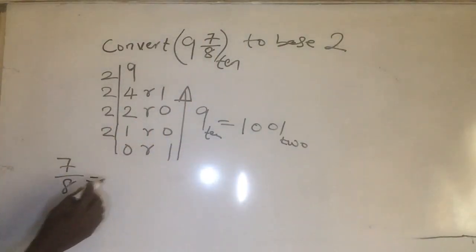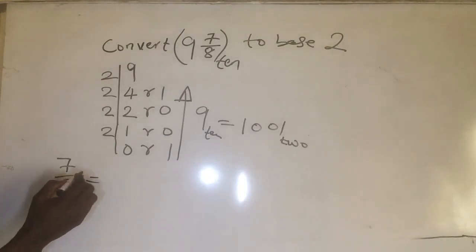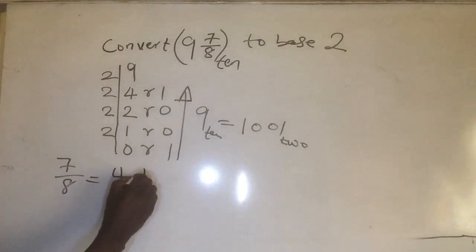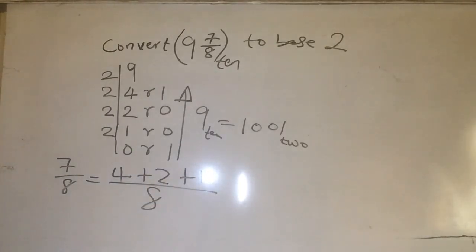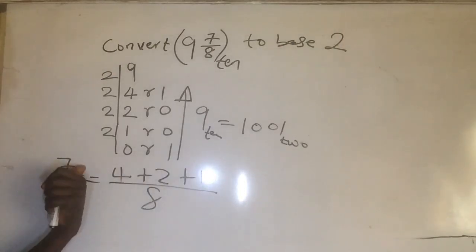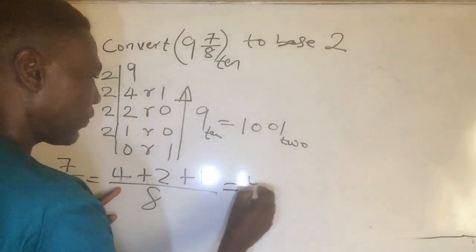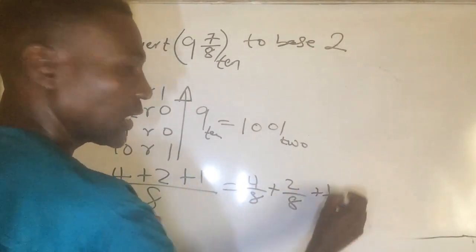We now break this number like this: the first number 4, the second number plus 2, and plus 1, all over 8. So we break it in a way that when we add them it will still give us the 7. Let's continue so that you understand what I mean. This will still be 4/8 plus 2/8 plus 1/8.